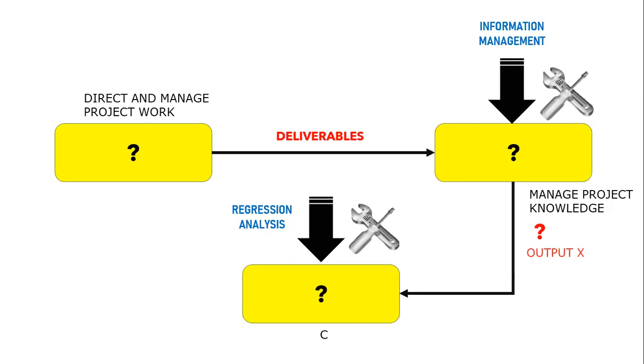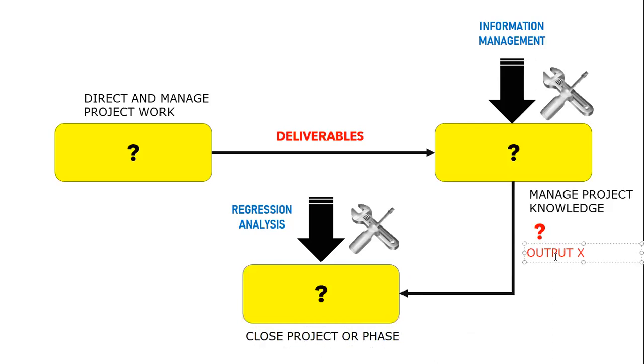All right, 5, 4, 3, 2, 1. Thank you for your ideas. There's only one process that regression analysis is used in, and that process is known as Close Project or Phase. But you already knew that, didn't you? Yes, you did.